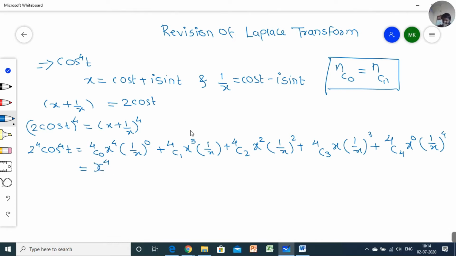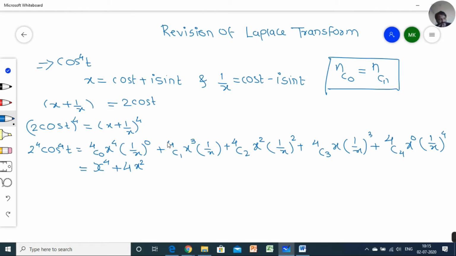What will be 4c1? 4c1 is 4, so 4x cube, oh sorry, 4x square, because the x cube is cancelled by this part. Now what will be 4c2?